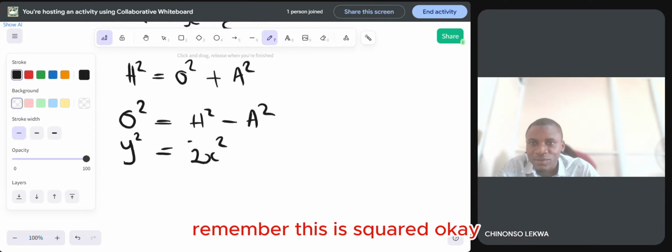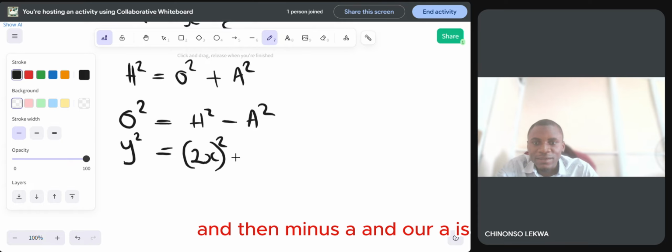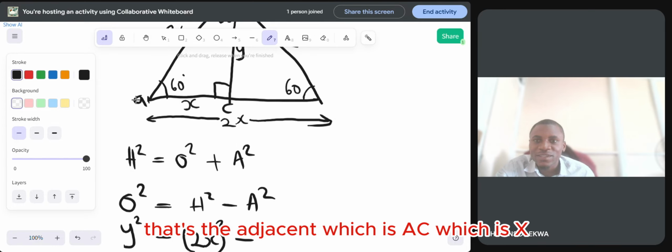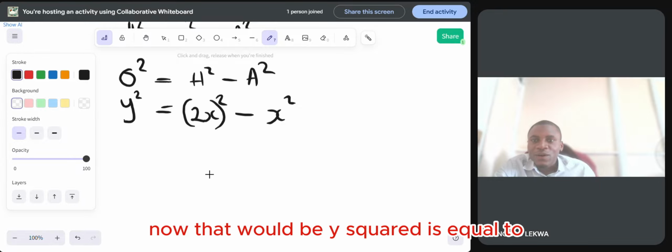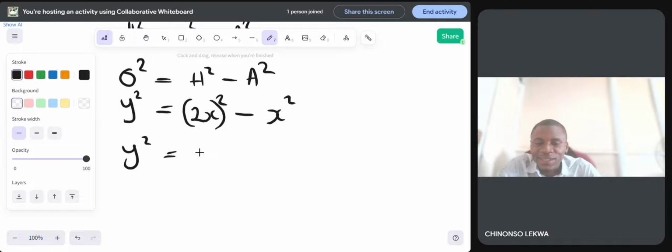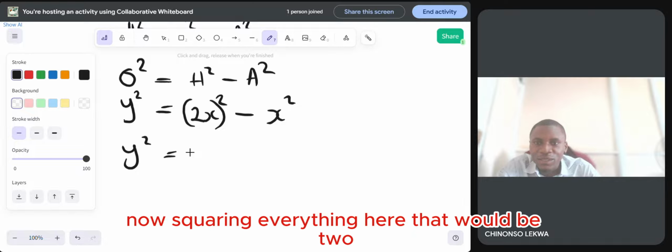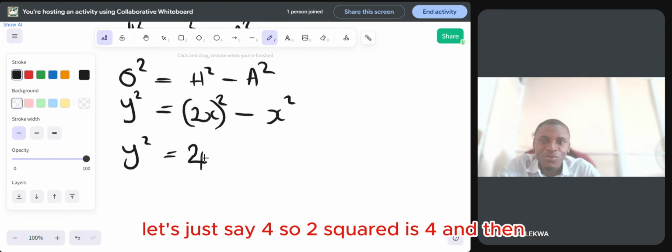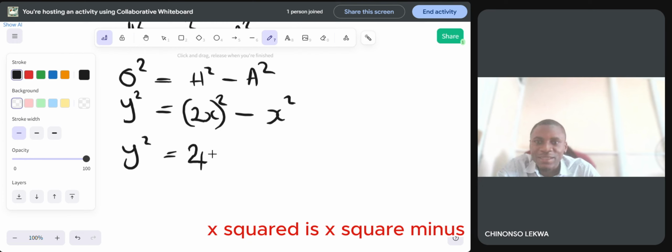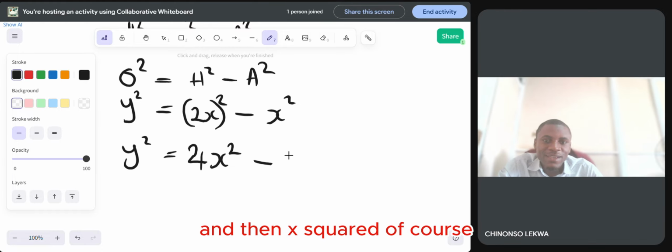Remember, this is squared. And then minus the adjacent, which is AC, which is x, so that would be x squared. Now y squared is equal to, squaring everything here, 2 squared is 4, and then x squared is x squared, minus x squared.